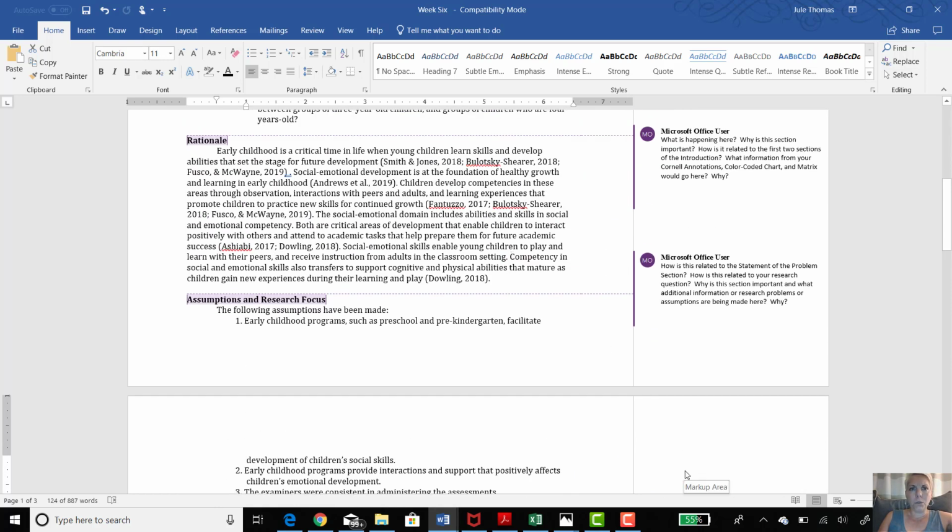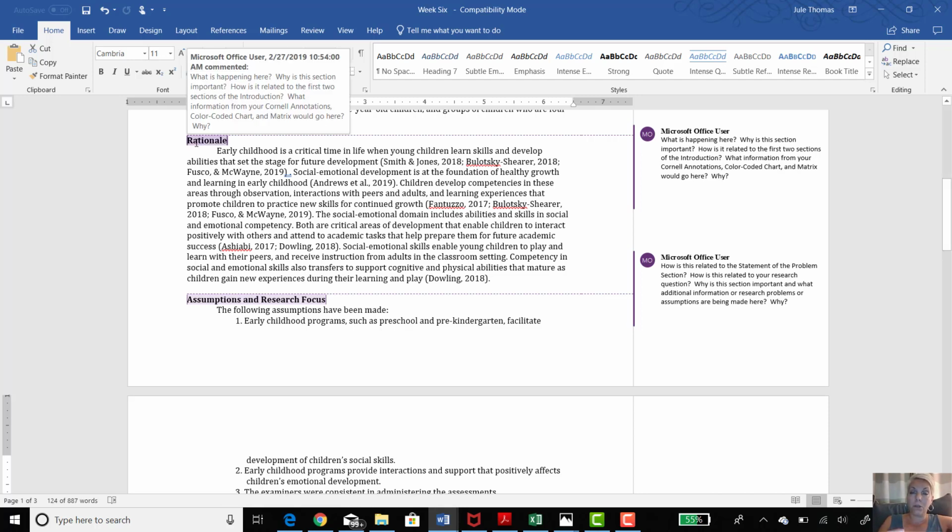Otherwise, we'll use the introduction as almost like an outline or a roadmap for your literature review. Remember, introductions are supposed to be a map for the rest of your paper. So if you do this introduction, follow this template and do it correctly, then you literally just take this introduction and expand each heading into paragraphs within your literature review.